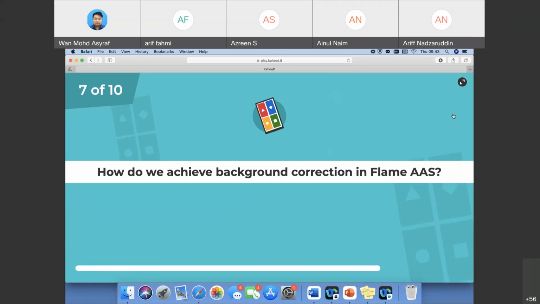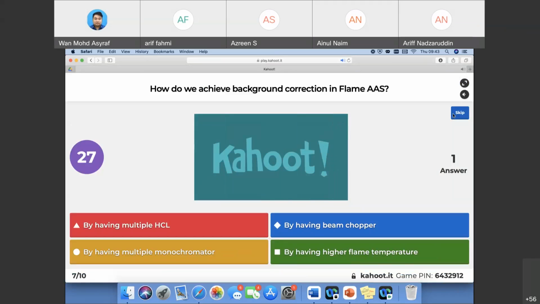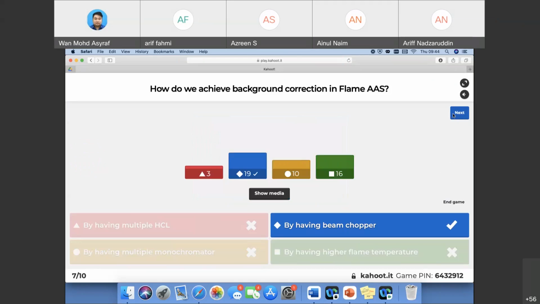How do we achieve background correction in flame AAS? Alright, the correct answer is by having a beam chopper.